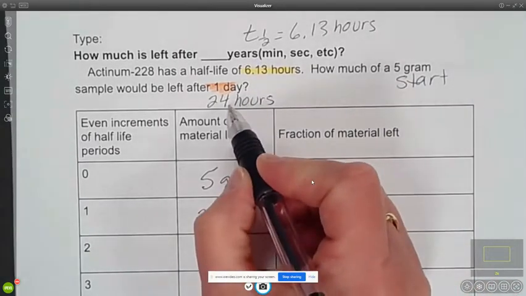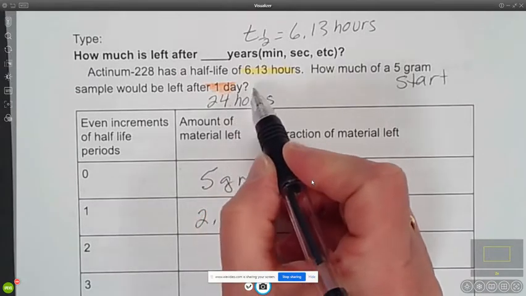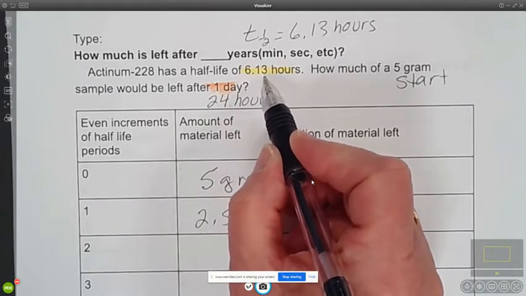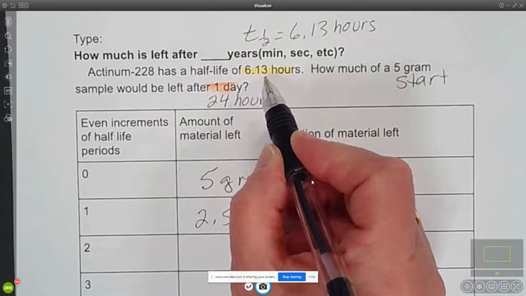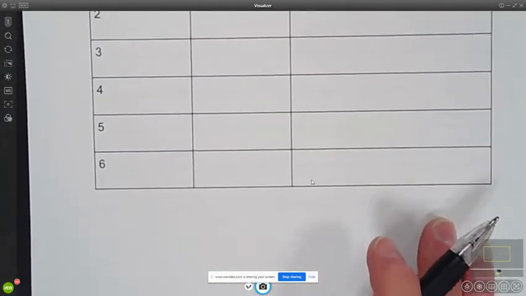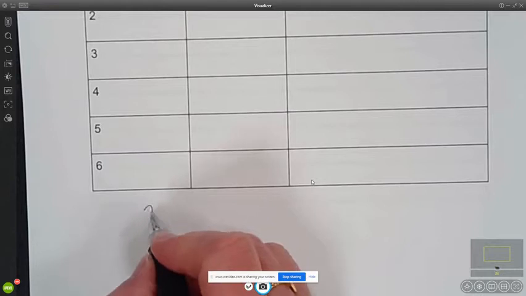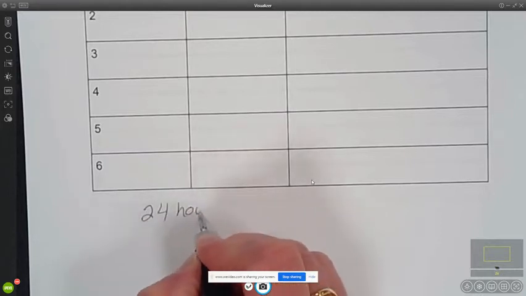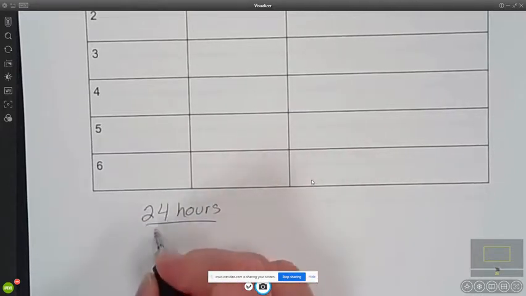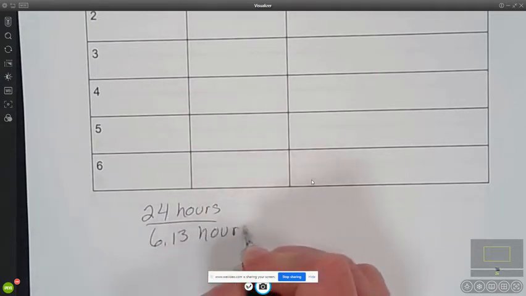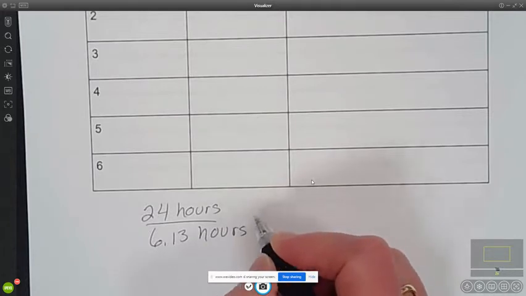So I'm going to take this 24-hour period and divide it into half-life periods. So I'm going to come down here at the bottom and take my 24 hours, that's my total time, and divide it by 6.13 hours. That is my time for 1 half-life.